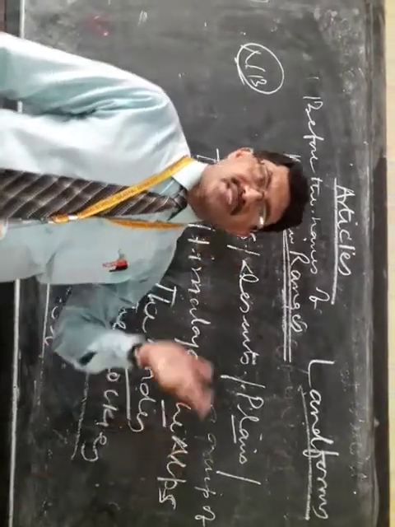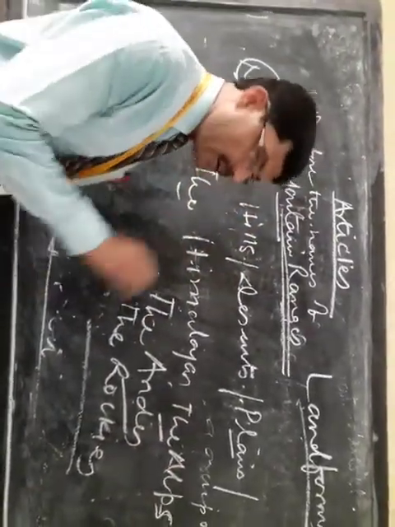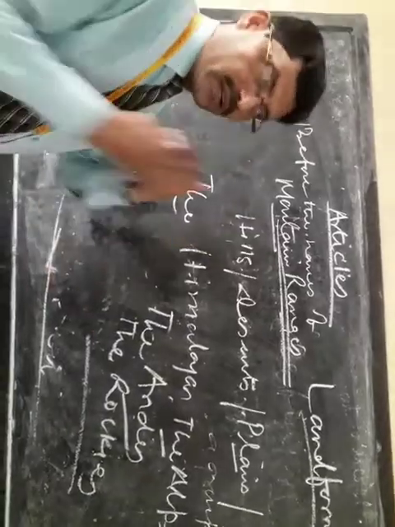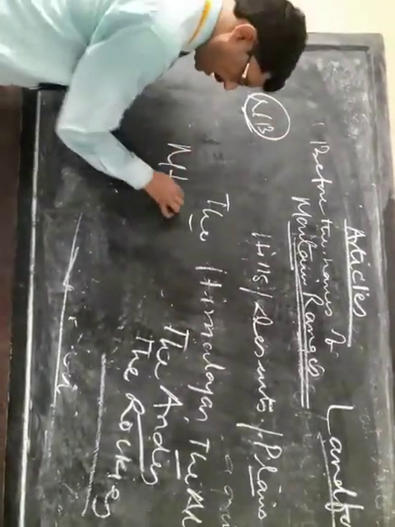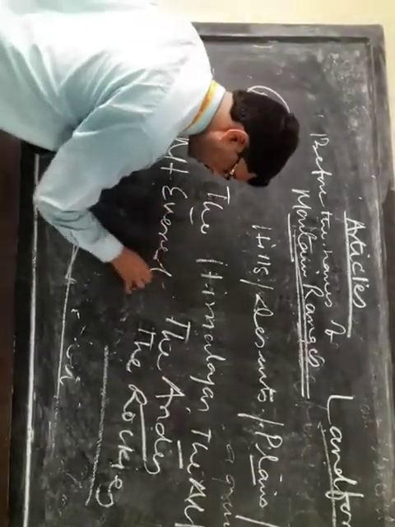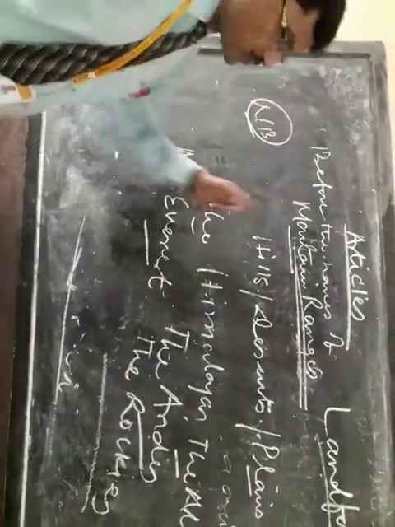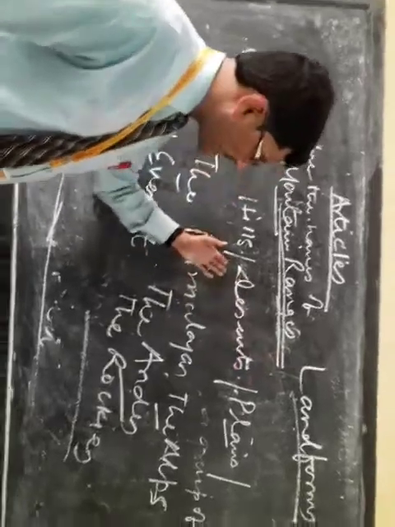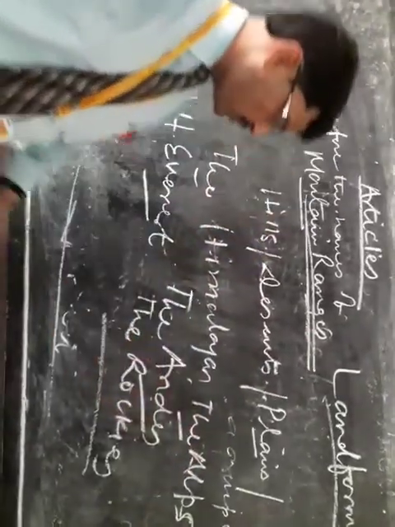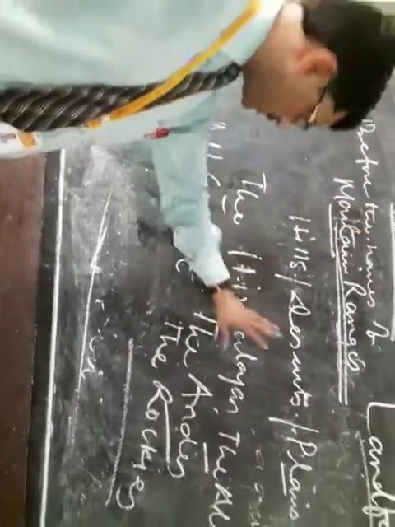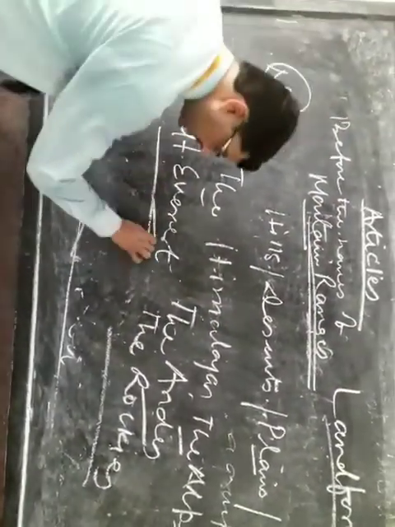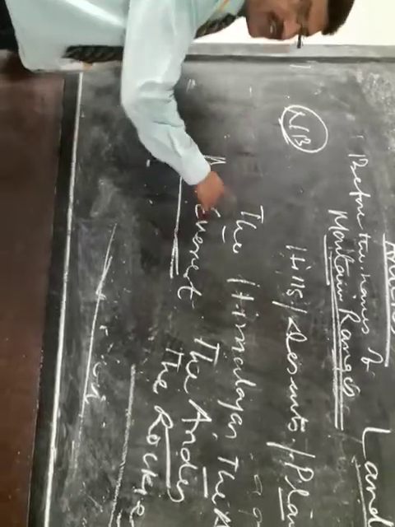Of course, Mount Everest is the highest peak, but can we use the before Mount Everest? No. Mount Everest is not a range of mountains. The Himalayas are a range of mountains. The Alps are a range of mountains. The Andes, the Rockies, we can use the before them. But don't use the before the name of a peak.